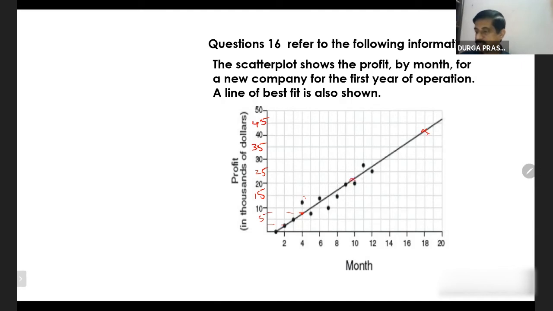So it is somewhere around 42 approximately, in the 18th month. Values could change. We are not using any scale or measure, or it's not so expanded a graph. And during the 10th month, we have approximately 21 or 21.5, something like that.